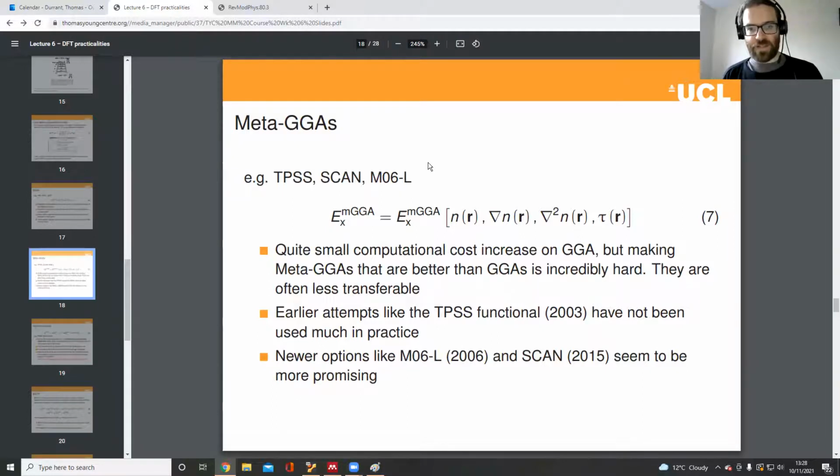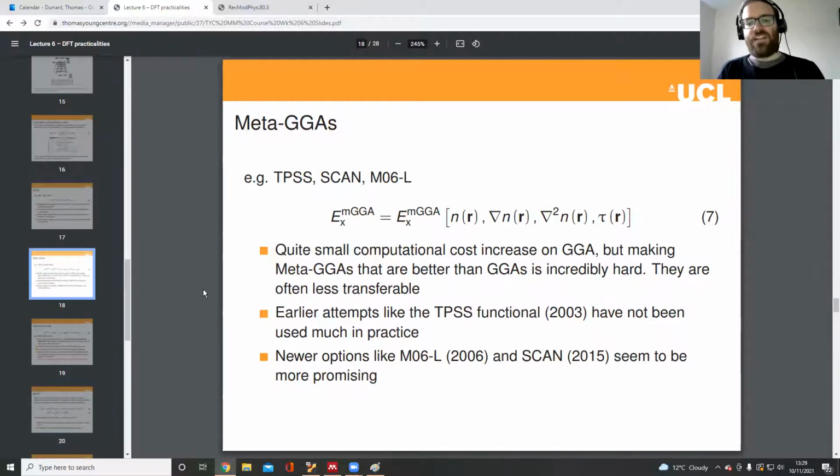So in principle, they're quite attractive for that reason. But meta GGAs haven't been used as much because it's been really hard to produce a good meta GGA practically. So people have produced meta GGAs, but they don't tend to be very transferable. They don't tend to work very reliably for different situations.